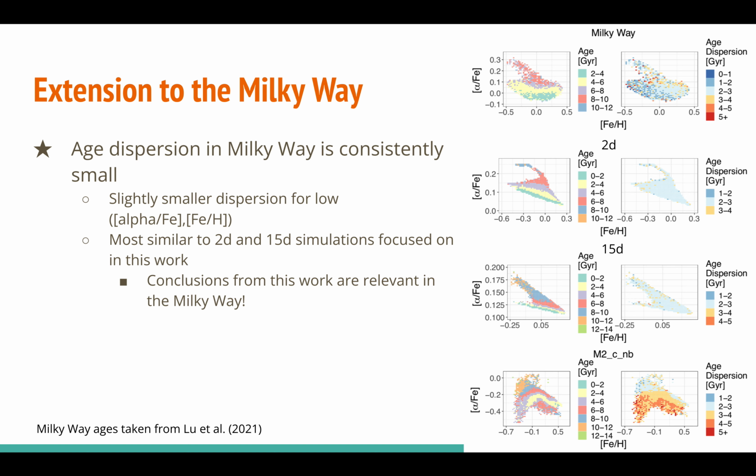So we investigated the age dispersion of the Milky Way and found that it is consistently small, and it is on par with the simulation age dispersions when redrawn from observational error, whereas it is significantly lower than the age dispersion of that clumpy formation simulation that I had just shown on the previous slide. We therefore think that these conclusions are in fact relevant to the Milky Way.